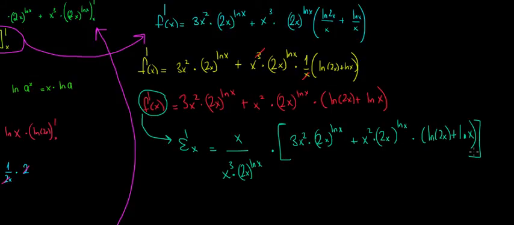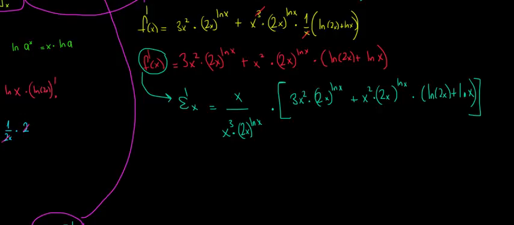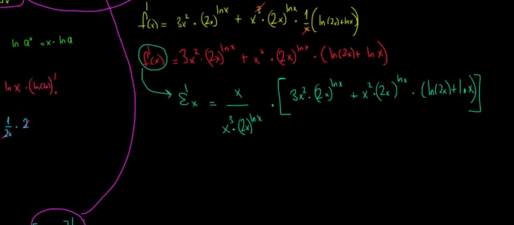Take it in brackets, and let's see what we can do right now. What we can do right now is to open the brackets and multiply x with every term.